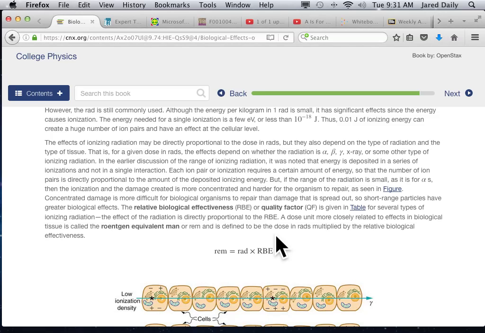So the next unit is the REM, which I always forget what this stands for, but it's right here, the Röntgen equivalent man. Right? So Röntgen was the guy that discovered the X-ray.